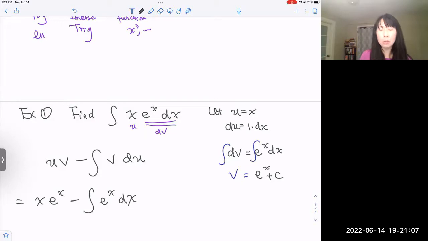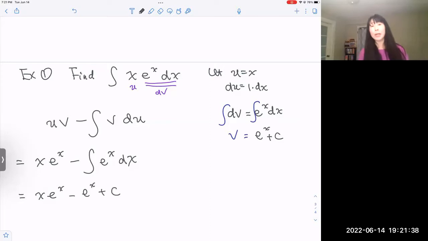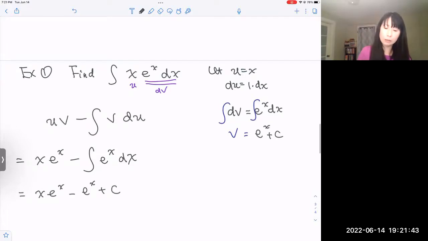I just follow every symbol and variable. Now we can integrate easily. Exponential function is easy to integrate. What do you get? It's just e to the x again. So x e to the x minus e to the x plus c. You can factor out e to the x because there is a common factor, but we can leave it like this, that's fine.